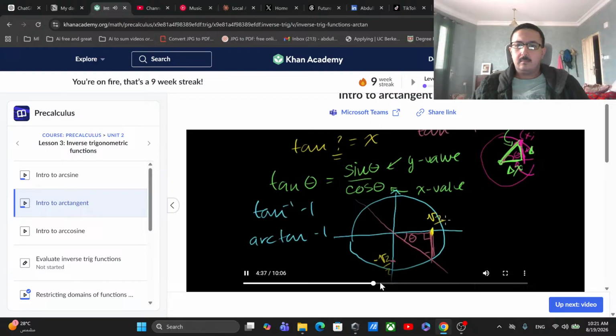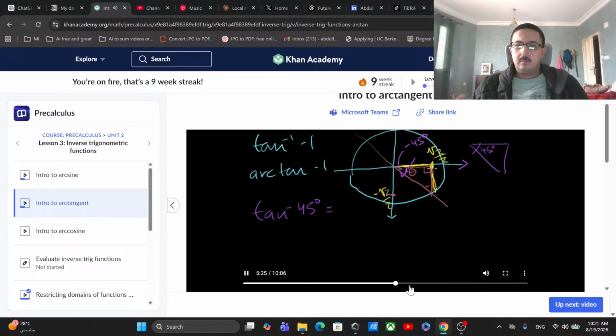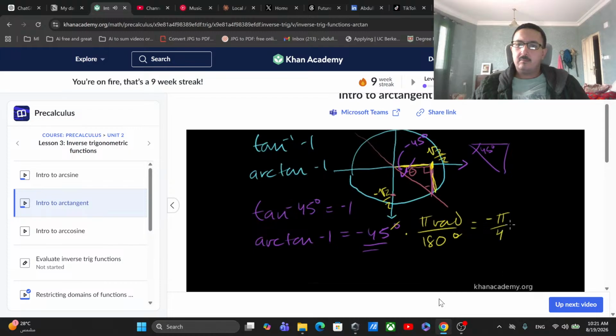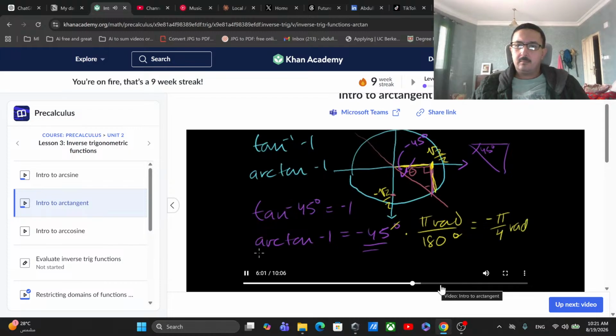Because of this negative value, it's minus pi over 4 radians. So the arctangent of minus 1 is equal to minus pi over 4. Or the inverse tangent of minus 1 is also equal to minus pi over 4.